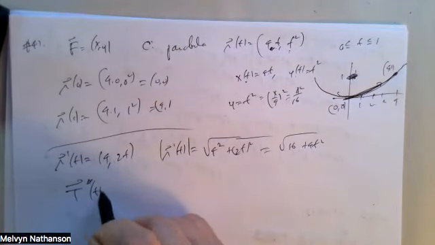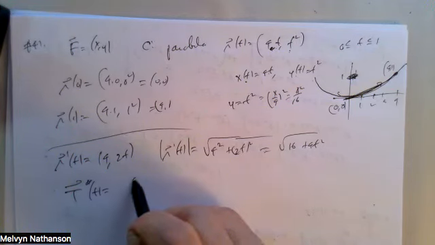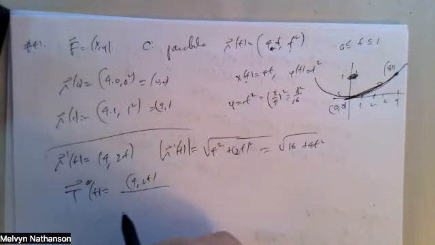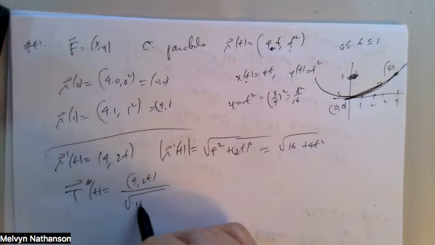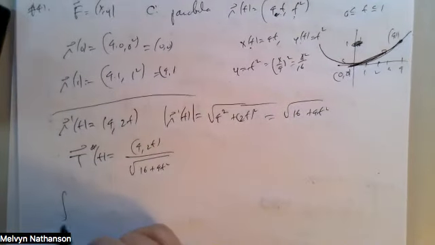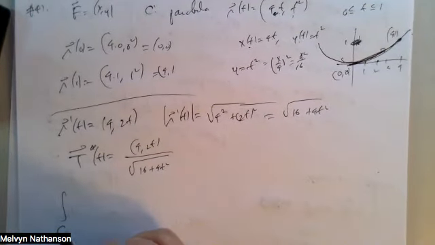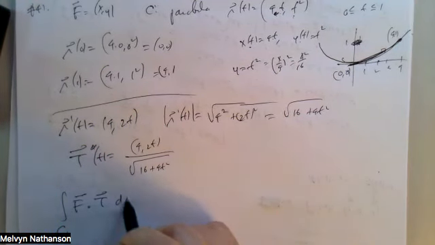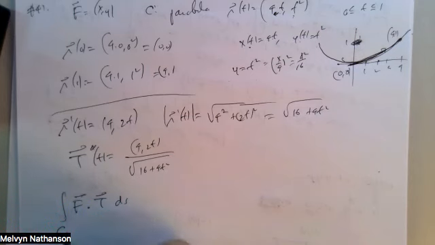So the unit tangent vector is (4, 2t) divided by the square root of 16 plus 4t squared. But the integral along the curve C1 of f dot T ds, along this curve C, is what?